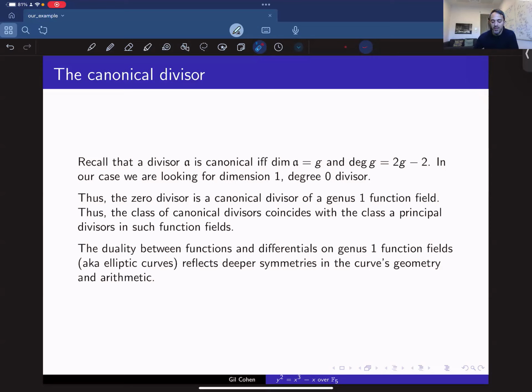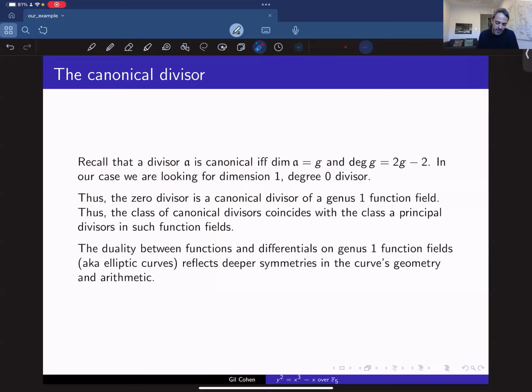And if you remember, the canonical divisor is actually a class of divisors, when you mod out by the principal divisors. So what we're saying here is that the class of canonical divisors for a genus 1 function field is precisely the class of principal divisors.